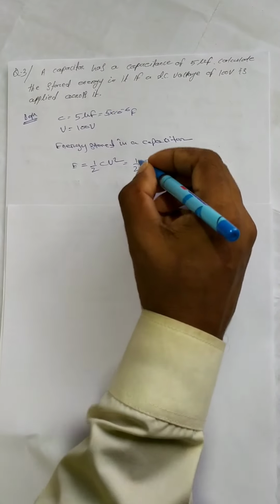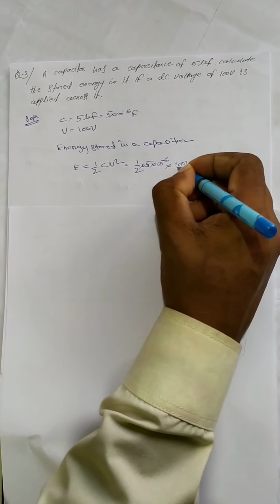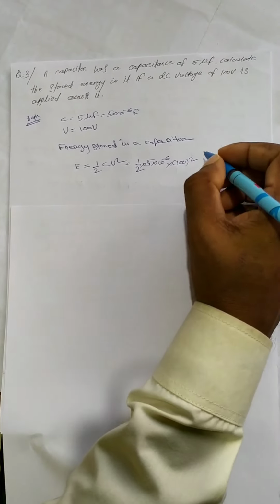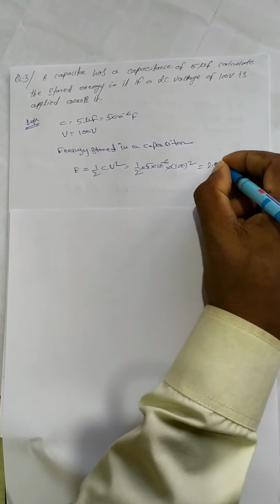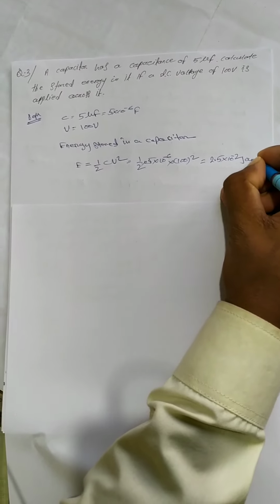So 5 into 10 to the power minus 6 into V, 100 square, half C V square. After calculating this, we get 2.5 into 10 to the power minus 2 joules.